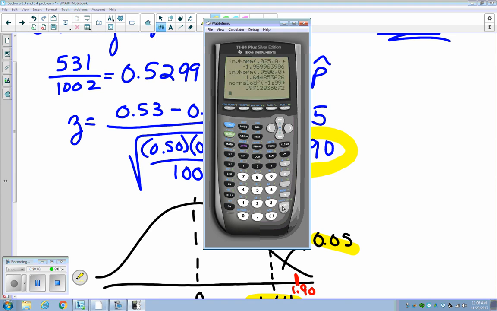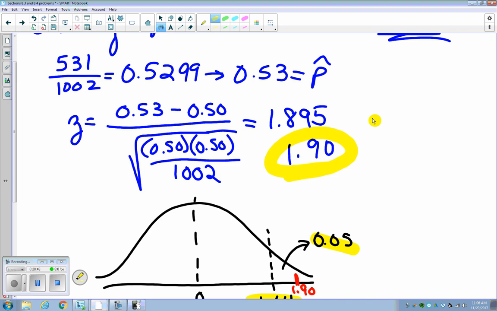And I find that that area is 0.9713. That would be the area from here all the way to the 1.9. So if I say 1 minus that, what am I going to end up with?